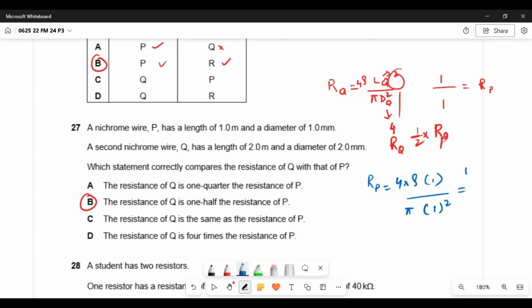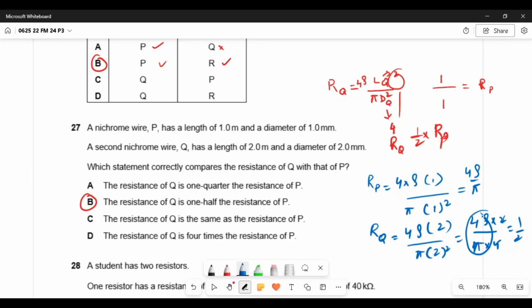So the answer is 4 rho over pi. But for Q, it's 4 times rho times 2 over pi times 2 squared. So this will be 4 rho times 2 over pi times 4, so this will be 1 over 2 of RP. So half of RP.